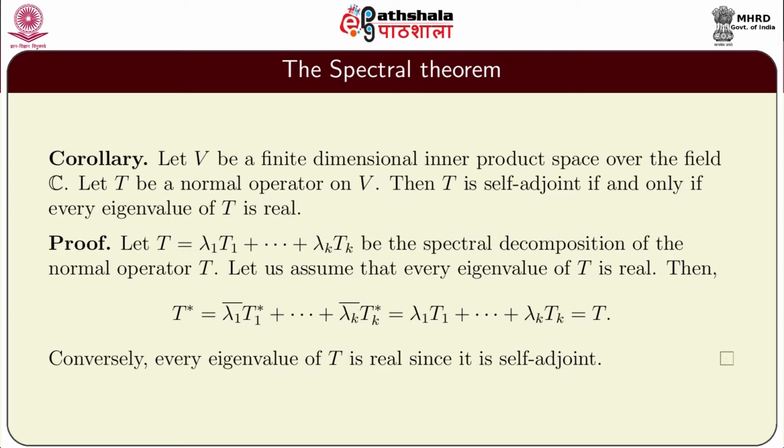Then T star, which is the same as lambda 1 bar T1 star plus so on up to lambda k bar Tk star, is the same as lambda 1 T1 and so on up to lambda k Tk, because each lambda i is real, and that is equal to T. Therefore, we have proved that T is self-adjoint, and conversely, if T is self-adjoint, then we already know that every eigenvalue of T is real.